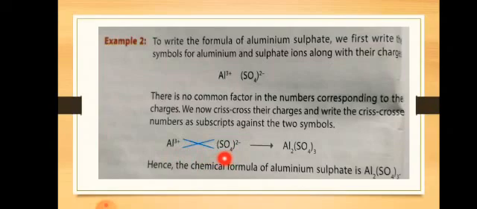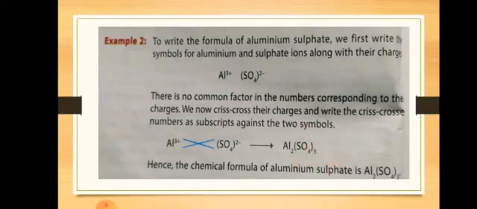This will remain the same. So you can see the formula: Al2(SO4)3. Whole thrice means this 3 is for SO4, the sulfur and oxygen combined. So here we need to write the bracket also. We can't write this 4 and 3 without the division of a bracket. So this bracket is separating these two.